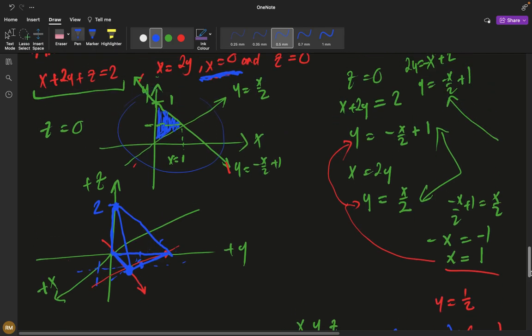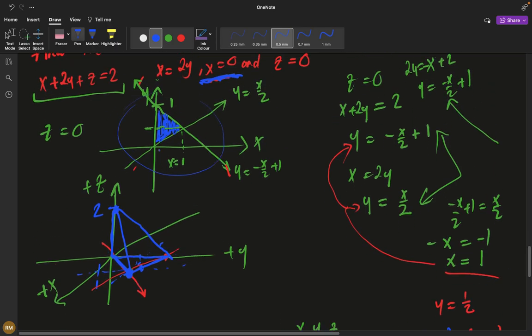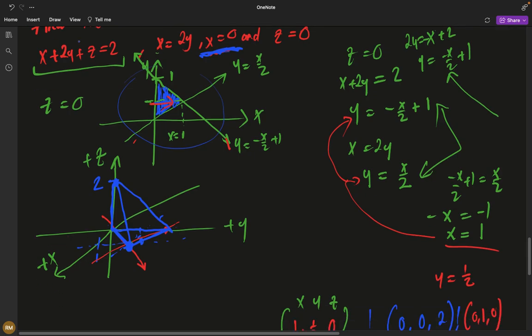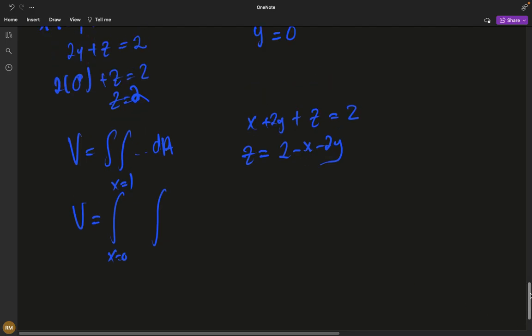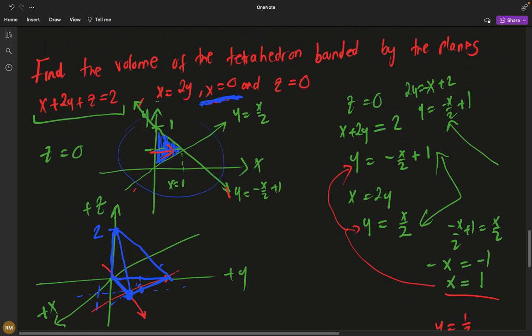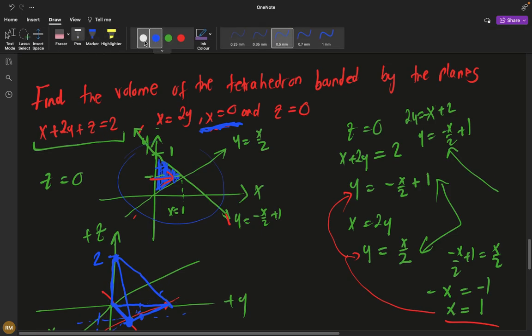Okay, and then if you are moving this side, then we'll be moving from 0 to 1, so that's x equals 0 to x equals 1. And then for y, if you check, if you're coming here to here and here to here, we are touching two functions, and we never want to touch two functions.